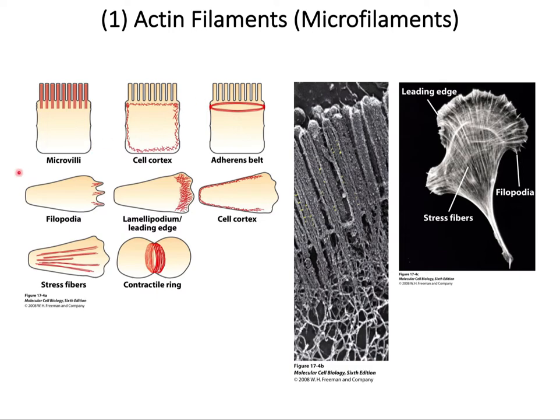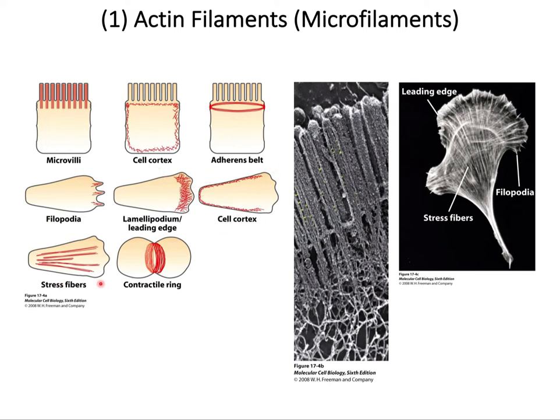In the case of motile cells like white blood cells, right here, you will see actin in filopodia or lamellipodia. These are the structures that are found on the leading edge of motile cells, and you can see a thin layer of actin around the cell as well, which provides the structural integrity of the motile cell.